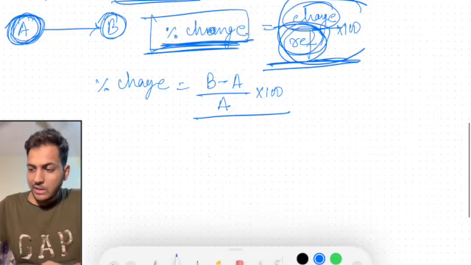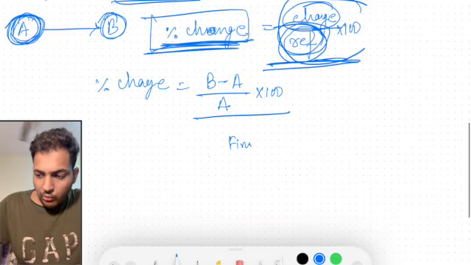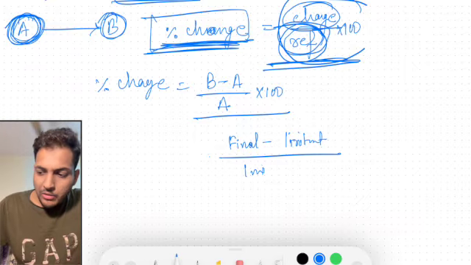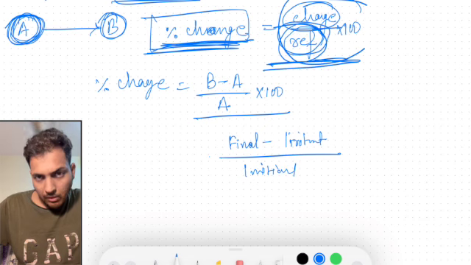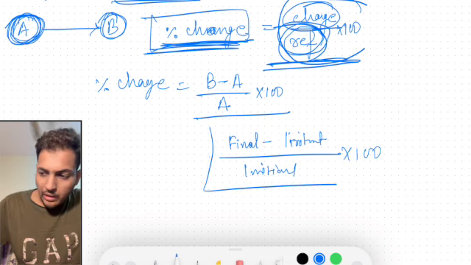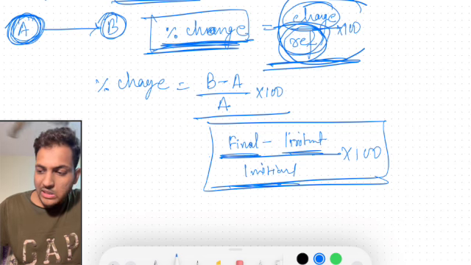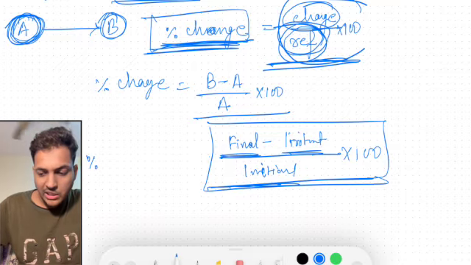Always remember, I will write the formula like this: final number minus initial number divided by initial into 100. Okay, is this clear to all of you? This is the percentage change.